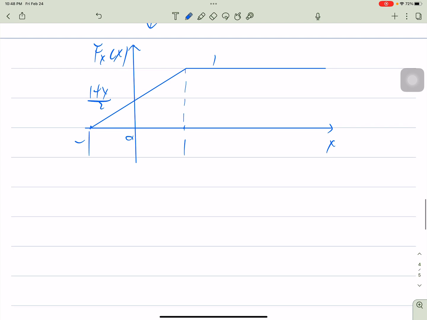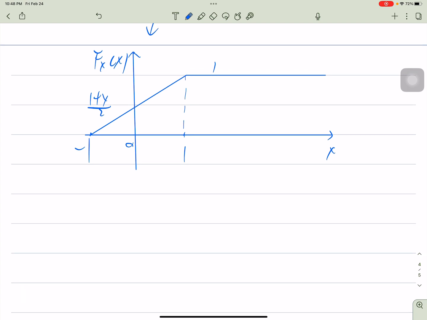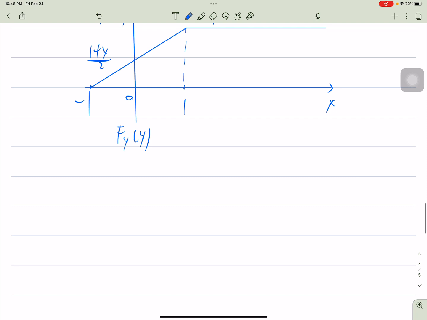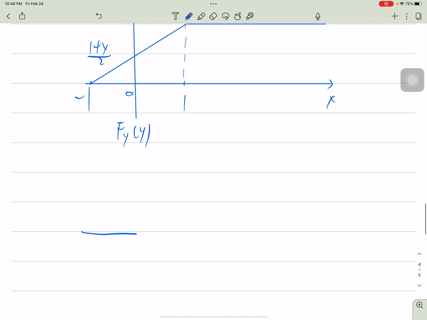From the figure of capital F_X, we can easily get the figure of capital F_Y(y). It should be like this.